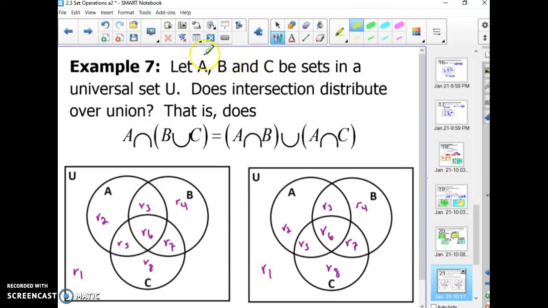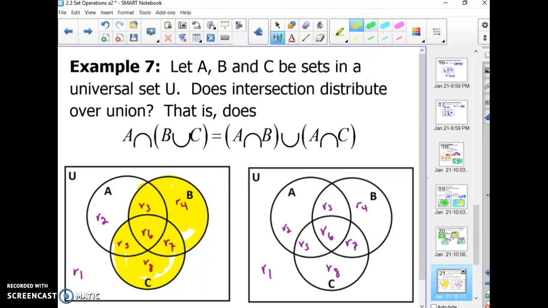Highlighter as well. Here we are. B union C. Here's B, and I'm unioning it with C, so that means all of B and all of C. So I'm going to highlight all of this. And then I have to have it be an intersection with what?